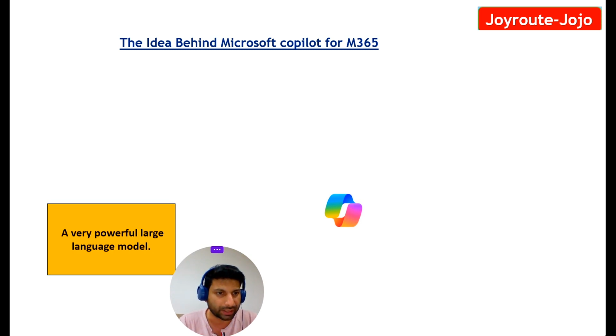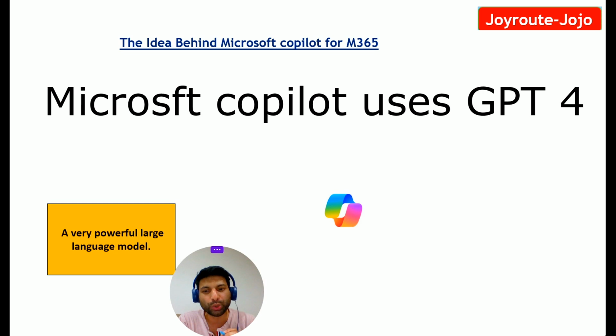The one thing to remember with large language models is that they can become very powerful based on the model you are using. For example, ChatGPT 4 is very powerful, almost to the point where you cannot distinguish between a human answer and a GPT answer. Microsoft Copilot uses this GPT-4.